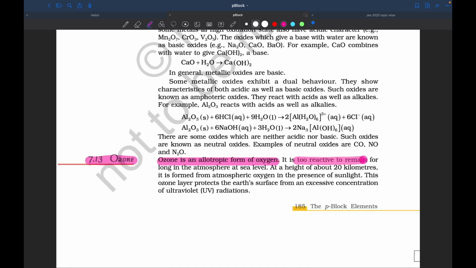It is too reactive to remain for a long time in the atmosphere at sea level. At a height of about 20 kilometers, that is the stratosphere, it is formed from atmospheric oxygen in the presence of sunlight. This ozone layer protects the earth's surface from the excessive concentration of ultraviolet radiation. So this is the introduction.